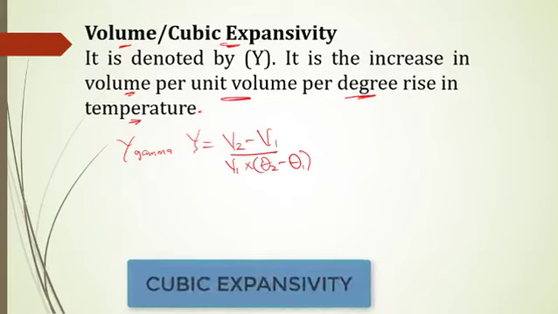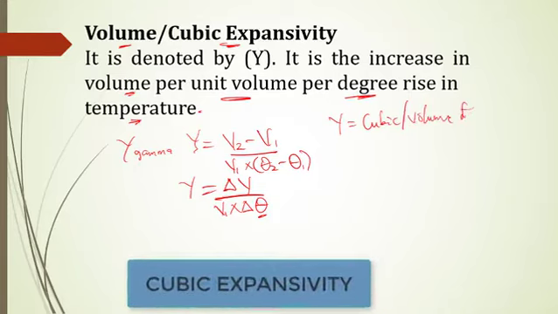Alright, so if we continue to consolidate on this, we're going to have change in volume all over V1 times our change in theta. And of course, at this point, you should know already that gamma is cubic or volume expansivity. And then of course, you know that this is final volume.